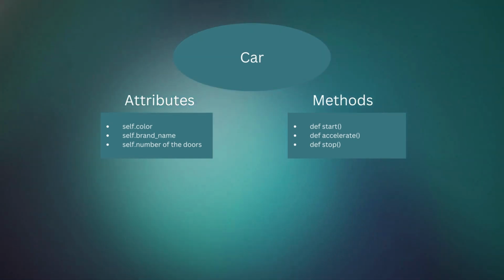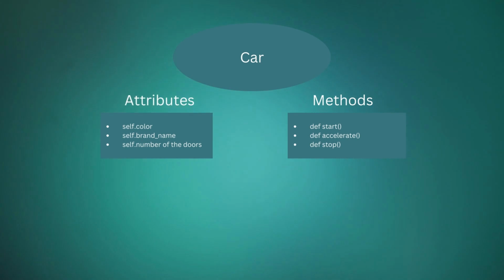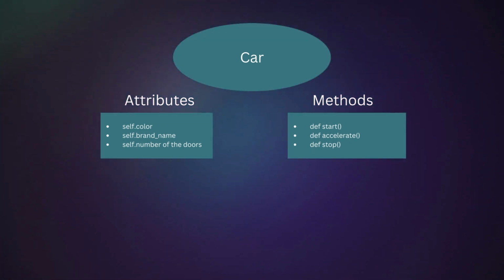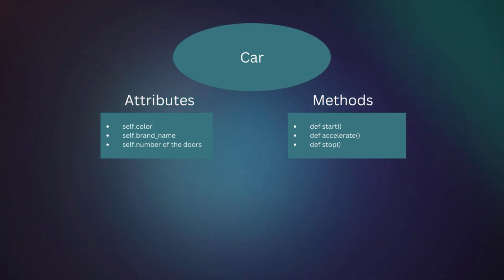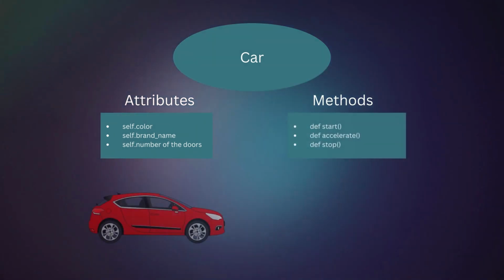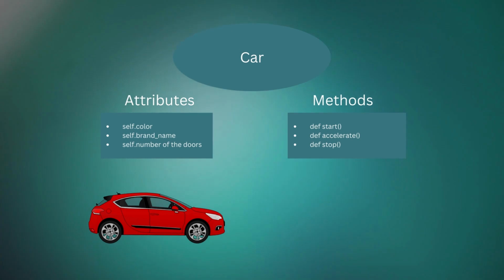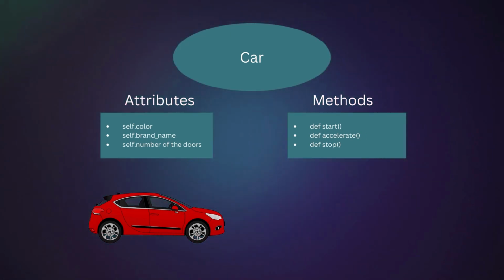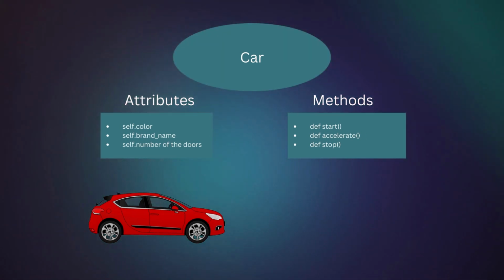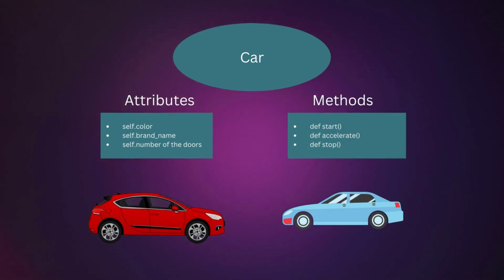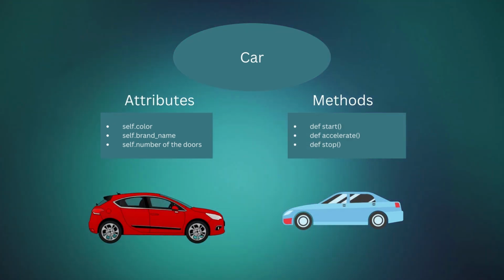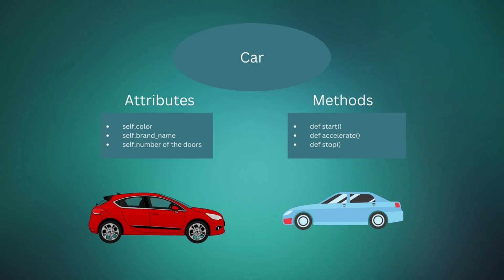Now with this class, we can create multiple instances of cars, multiple objects, each with its own unique set of attributes. For example, we can create a red car with 4 doors and a brand name Toyota, because this Toyota would still be a car. We can also create a blue car with 2 doors and a brand name Honda using the same class.